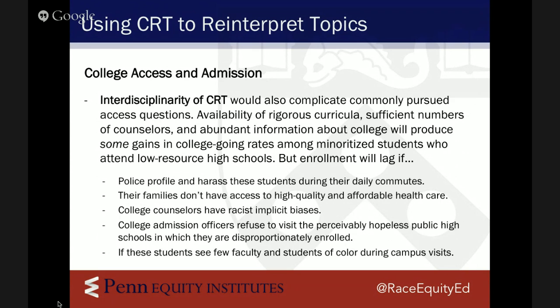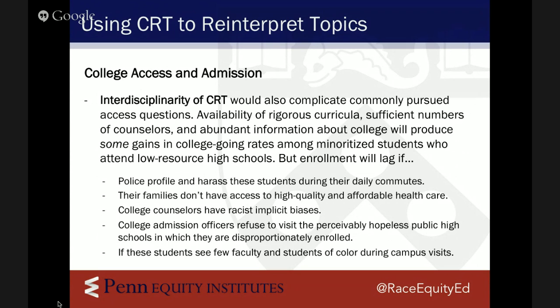So the interdisciplinarity of CRT will complicate commonly pursued access questions. So in the literature, there are these themes about the kinds of forces and conditions that either complicate or enable access for particular populations, right?